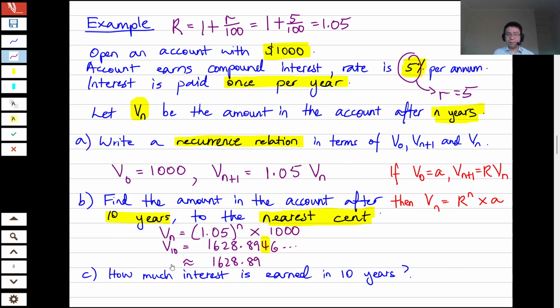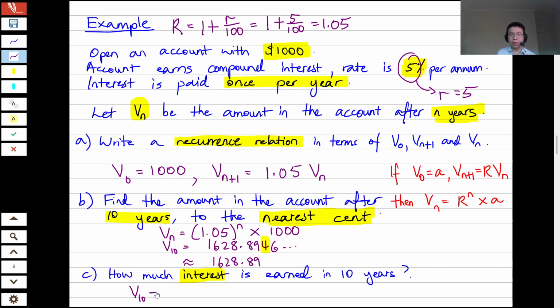All right, part C. How much interest is earned in 10 years? This is not going to be the same as our answer to part B. What's being asked here is how much has the amount grown by in 10 years?